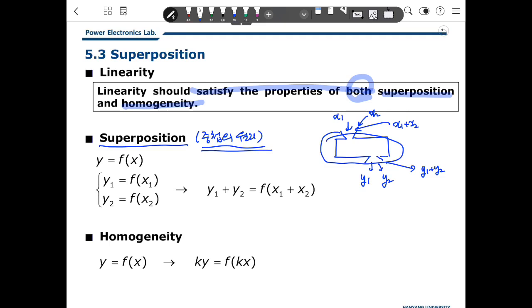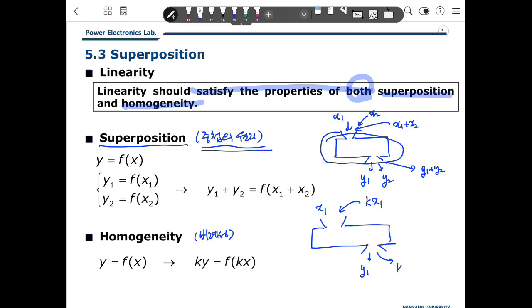And another property is homogeneity. It's kind of 비례성 in Korean. We have the magic box here. When we insert x1, the result was y1. Then we insert kx1.